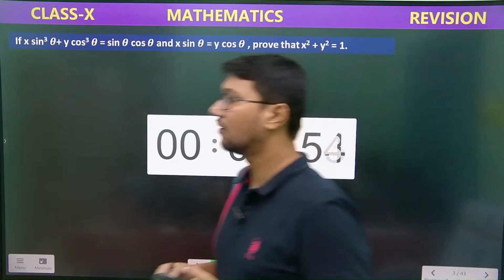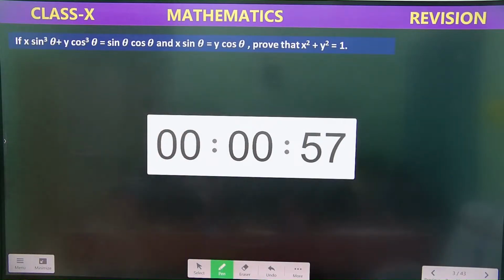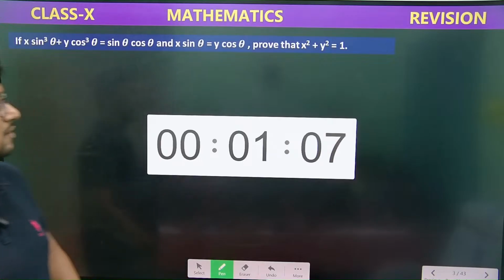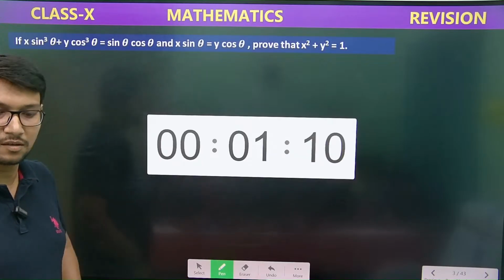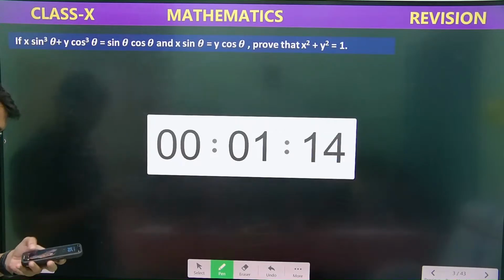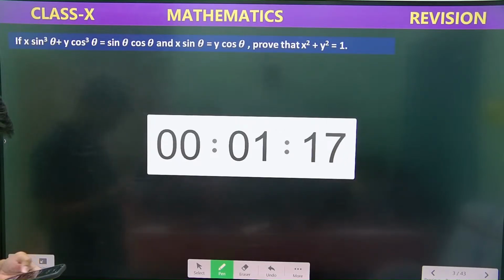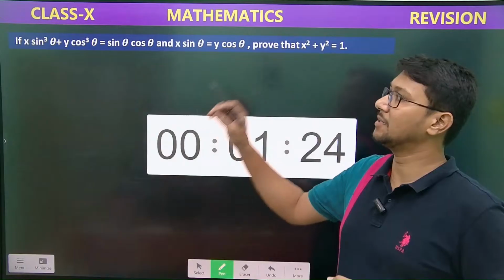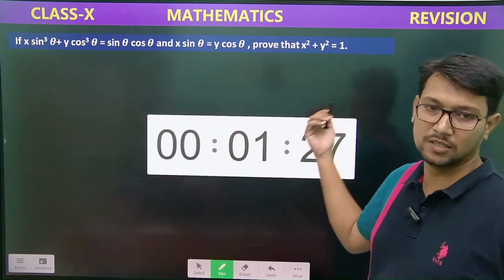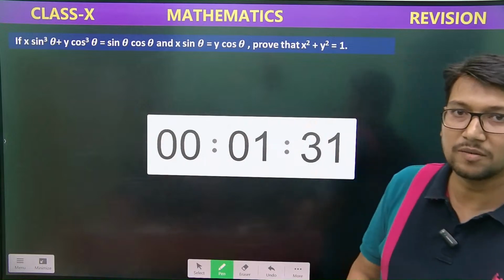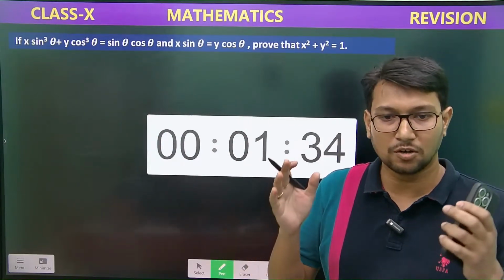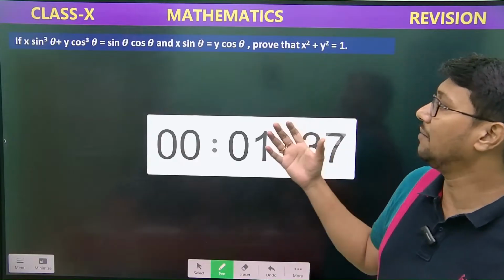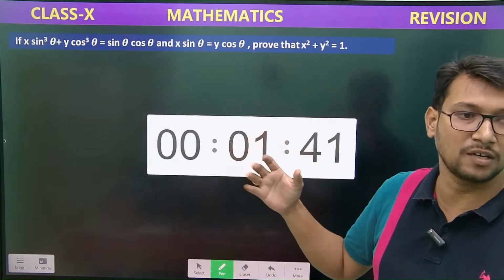Come on, solve. Yes, read the question carefully. Check what is given and what is to be proved, and then solve. Don't be in a hurry. Wherever you are solving, first read thoroughly. Once the point comes to your mind, however difficult it is, you can solve it easily.